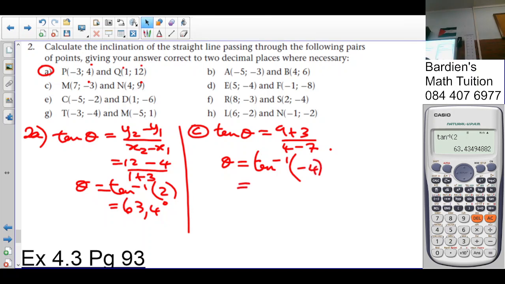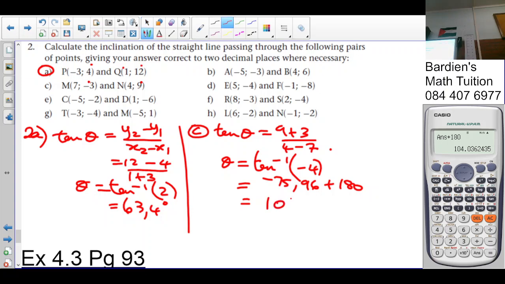So you say arctan of negative 4 gives you negative 75,96, plus 180 gives us 104,04. Is that correct? Right.